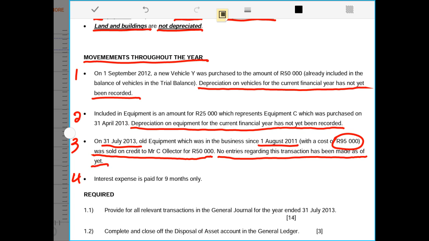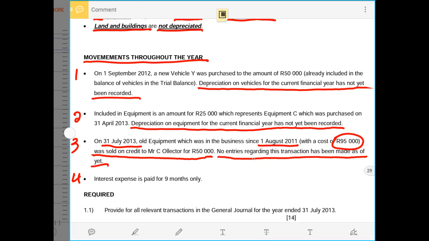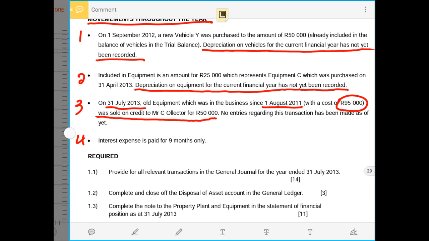So now it means the disposal of this equipment, being the old equipment, was not yet accounted in the books of the business. So now there is quite a whole lot of transactions that we have to account for during the current financial period.